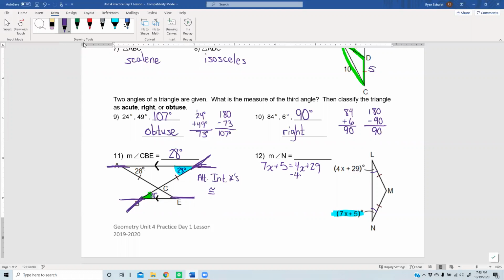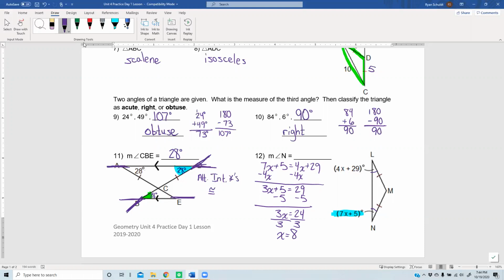So let's subtract 4x, and that gives us 3x plus 5 equals 29. Subtract 5, you get 3x equals 24. Divide by 3, and you get x equals 8.